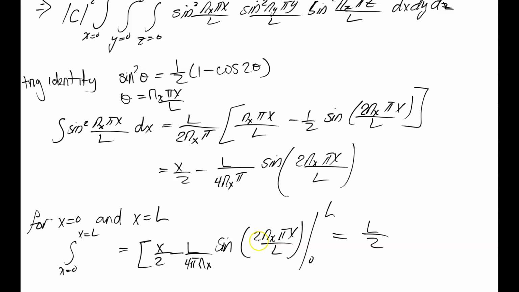Sine of 2 pi anything is going to be 0, so we get L over 2.